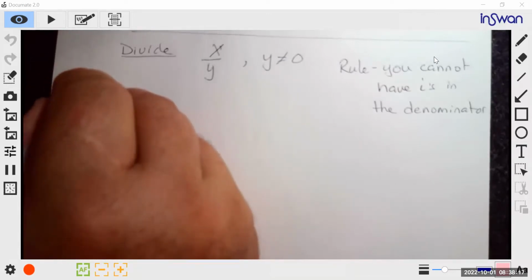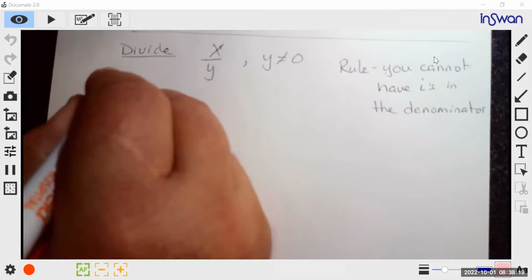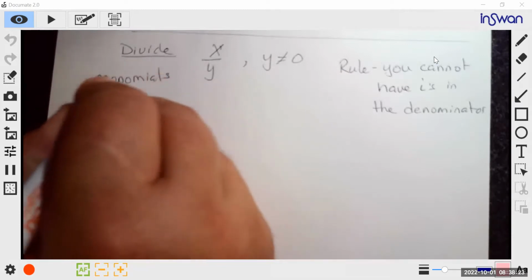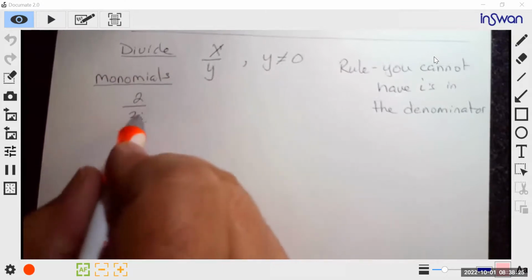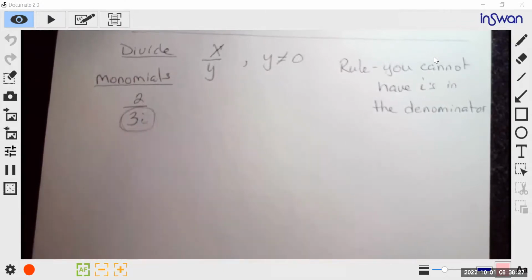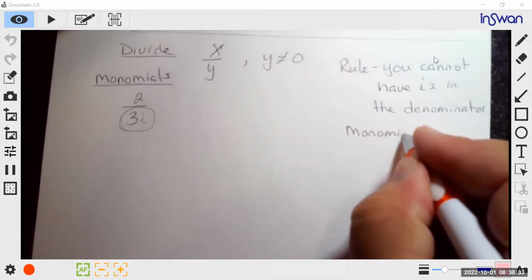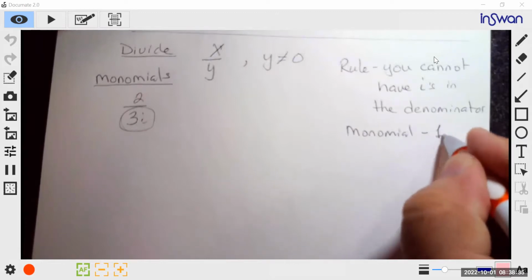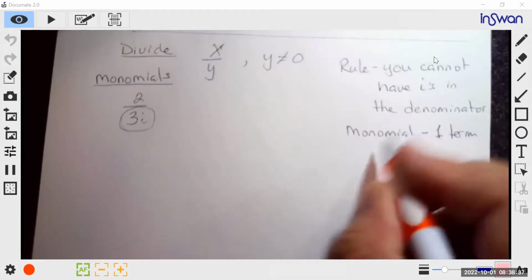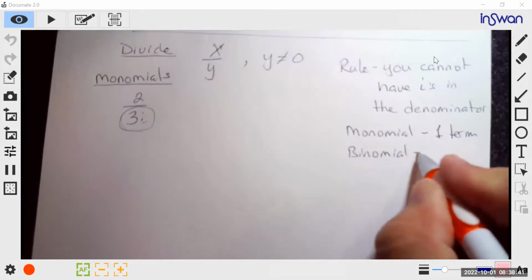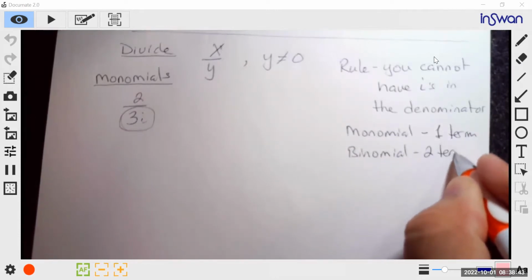So the first one to look at is if your denominator is only a monomial, a single term, or binomial, it has 2 terms.